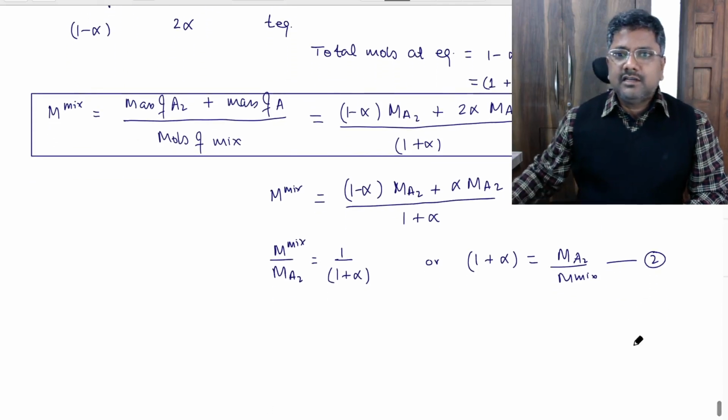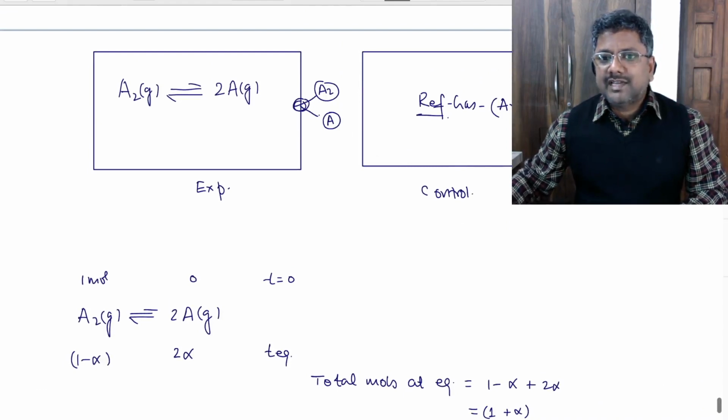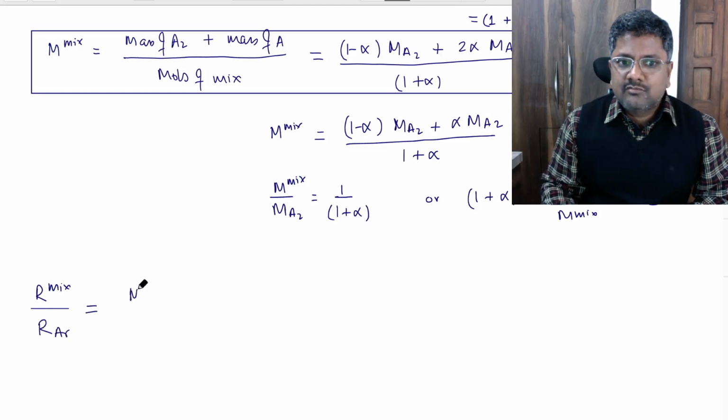Now apply the Graham's law. Compare the rate of effusion of this mixture and rate of effusion of this reference gas argon. So rate of effusion of mixture by rate of effusion of this argon is equal to molar mass of argon divided by molar mass of mixture, per 1 by 2.